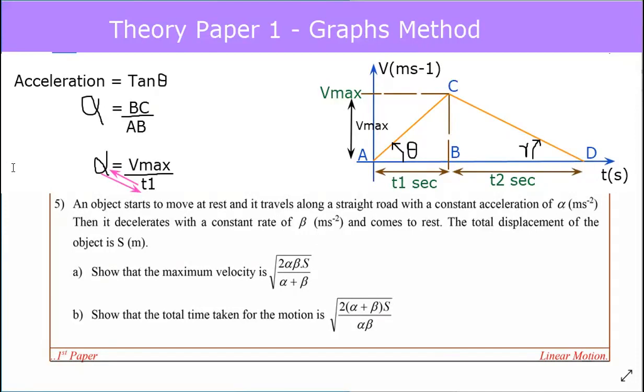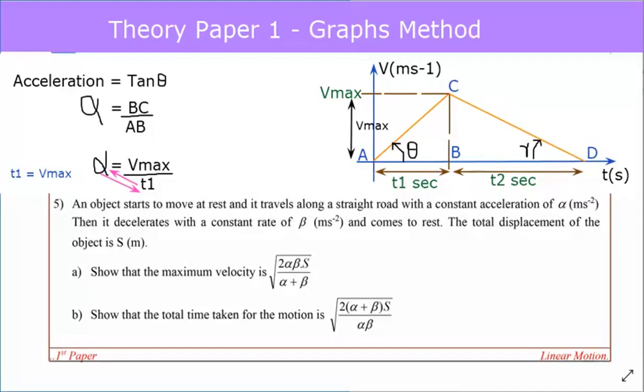So T1 equals, I'm simply using cross multiplication. So I get T1 equals V max over alpha. Am I right, dear Lamai?